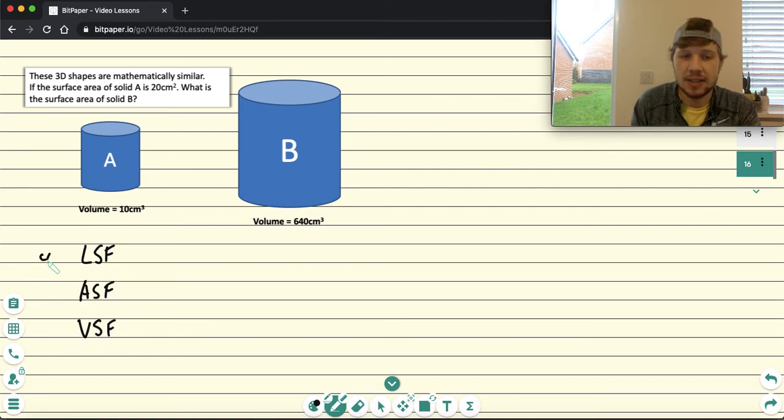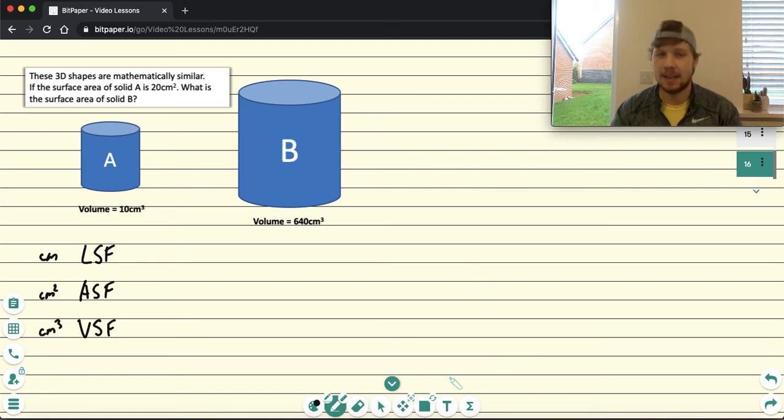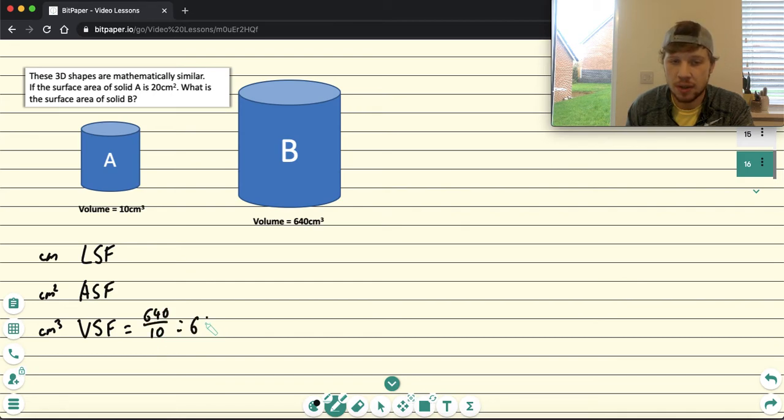The linear is in centimetres, this is centimetres squared, and centimetres cubed. Again, I need to look at the shapes and see what I have for both of them. They both contain a volume, so therefore what I'm going to do is take 640 and divide it by 10 to give me that volume scale factor. That is 64.